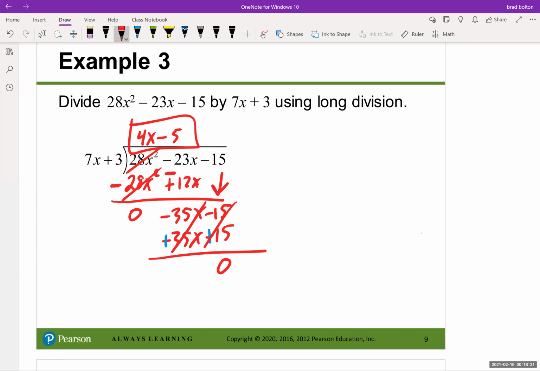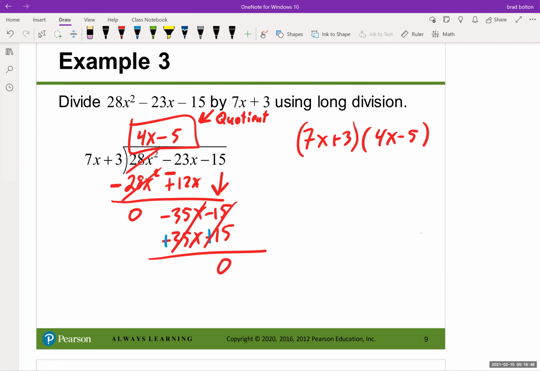Now, how do we know we're right? With division, how do we know we're right? Well, this is the quotient. We should be able to take the divisor, which is 7x plus 3, and multiply it by 4x minus 5, and we should get the dividend, which is this 28x squared minus 23x minus 15.